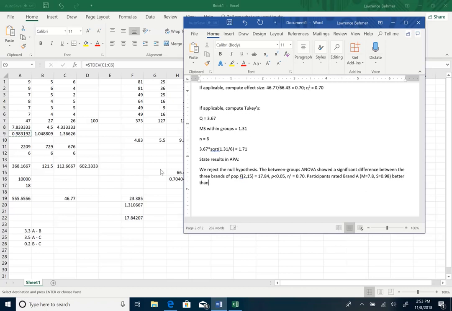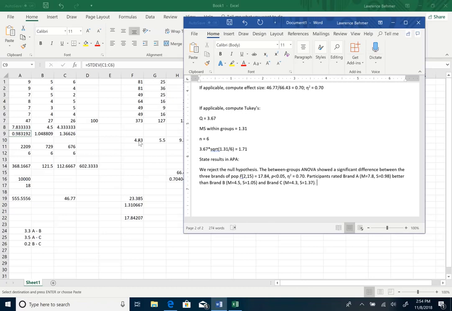It's better than brand B. And then let's report brand B's mean, which was 4.5. And brand B's standard deviation was, we'll round it up to 1.05. Better than brand B and brand C. Also report that mean, 4.3, standard deviation of, we'll round it up to 1.37.